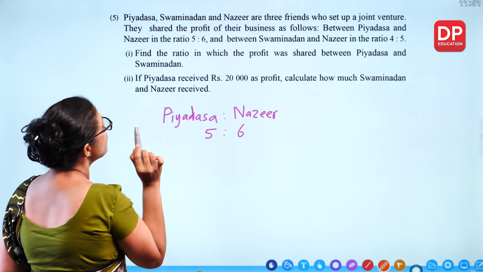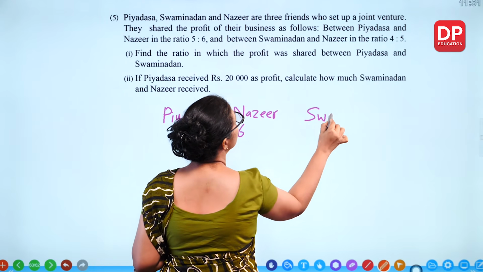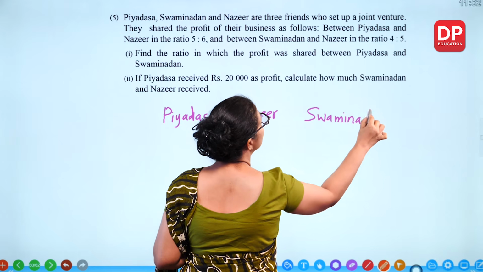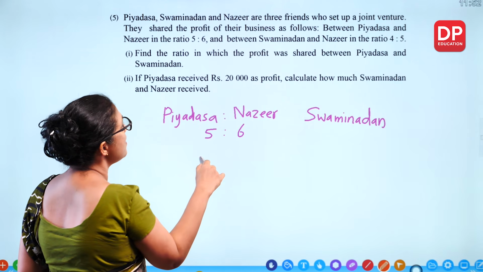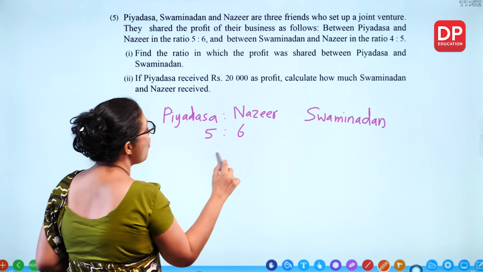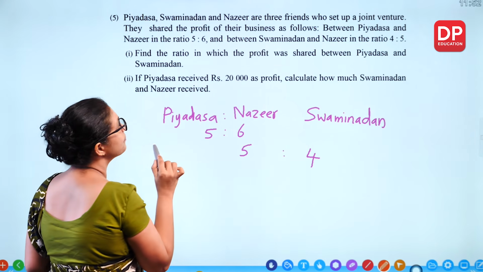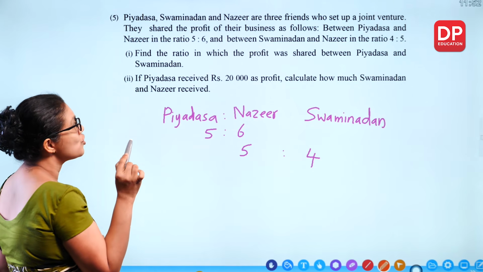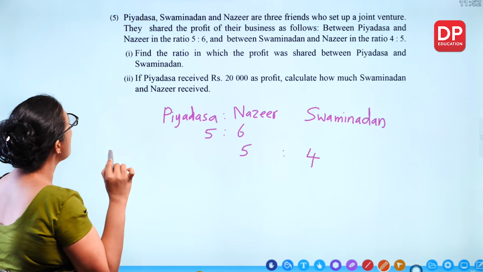And between Swaminathan and Nazir, in the ratio 4:5. Find the ratio in which the profit was shared between Piyadasa and Swaminathan.